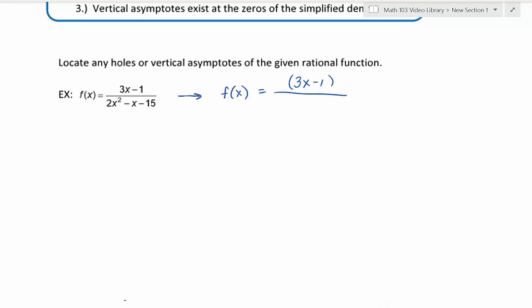The denominator factors into 2x plus 5 times x minus 3. Now we look for a common factor. There is not a common factor between the numerator and denominator, therefore, there's no hole.